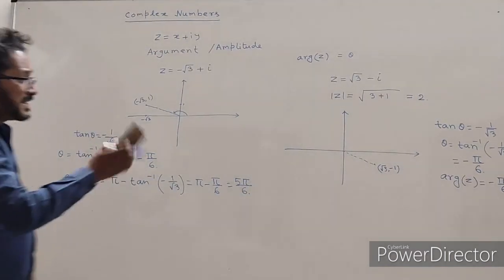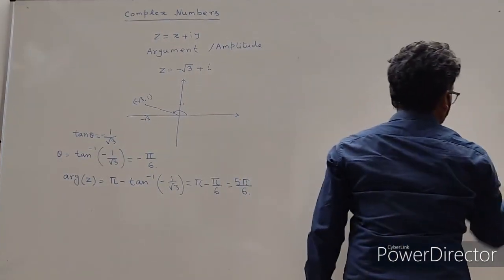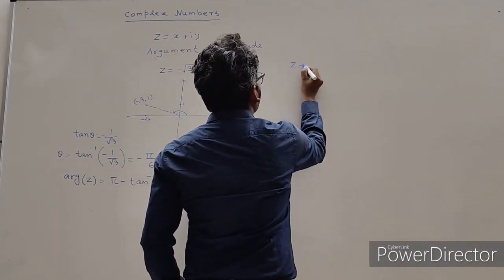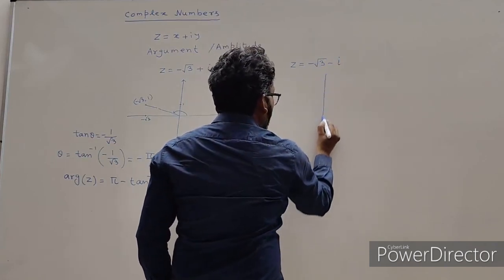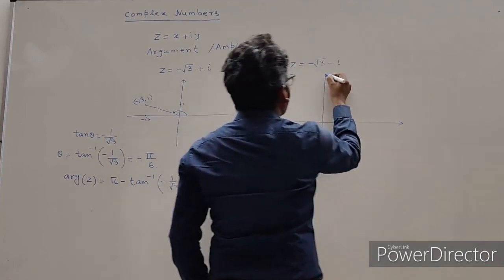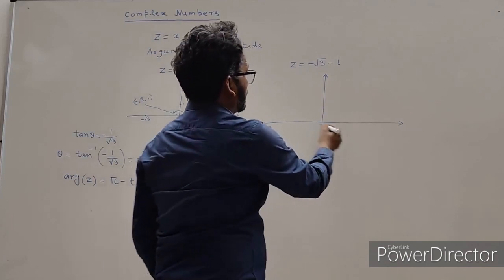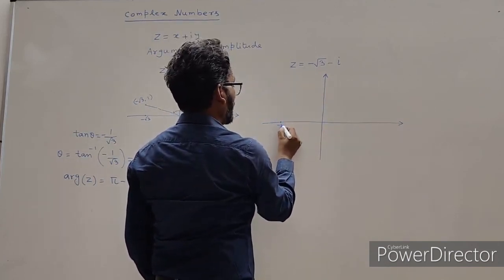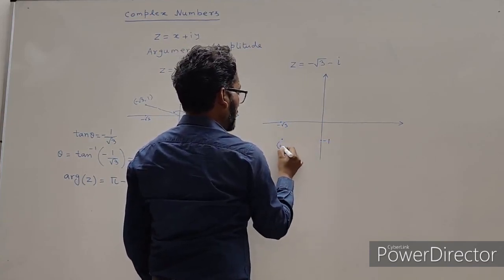Okay. Take another case, where z is minus root 3 minus i. Now in this case, z is lying in which quadrant? In the third quadrant. Minus root 3, minus 1. So this should be the point minus root 3, minus 1.